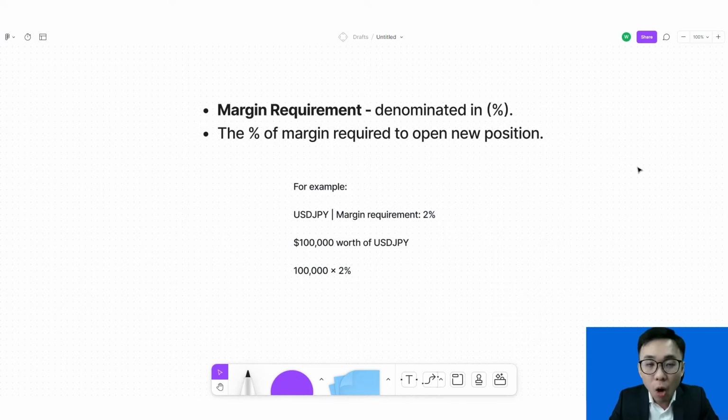Since we know how margin works, how do we actually determine how much margin is going to be set aside when we open a new position or keep it afloat? This is where we get to margin requirement. Margin requirement is denominated in percentage.